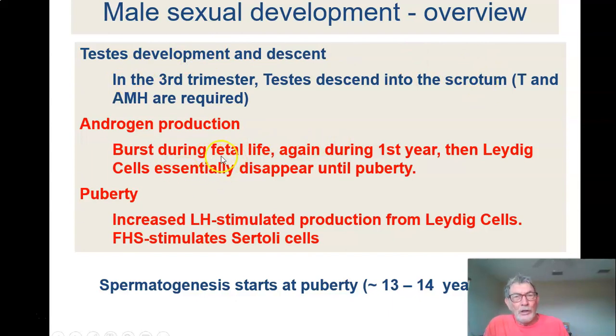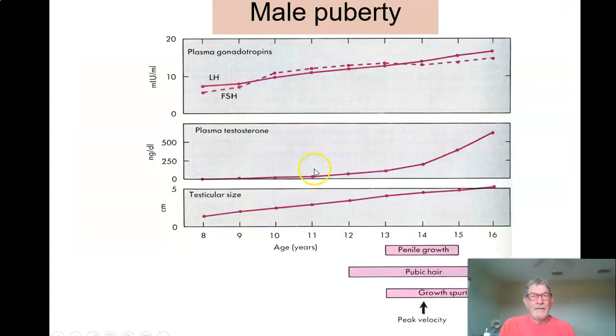During early fetal life, you make a whole lot of testosterone because you've got to turn into a male. At puberty, you make a whole lot more because you want to mature then. So after you're born, LH and FSH go up, and then they level off when you become an adult.